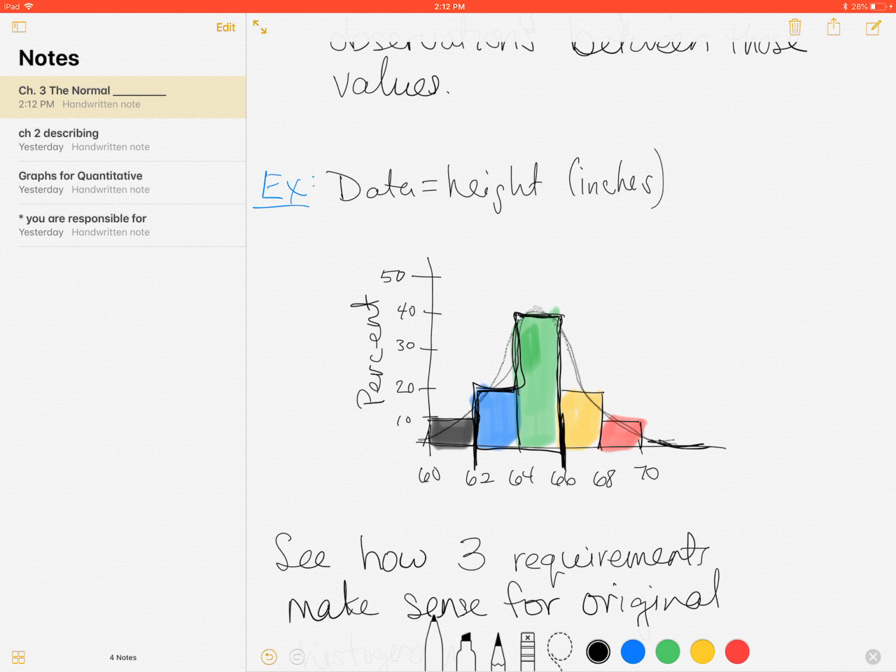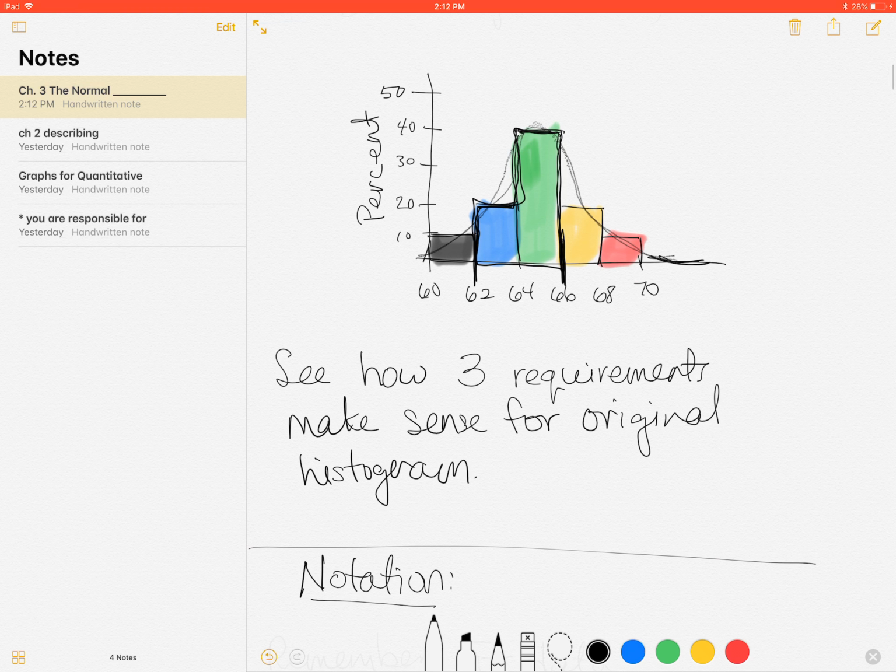So it turns out that when you change from bars to a curve, those things still want to be true. The area in between still measures what percent is in that group. The total percent still needs to be 100, and dipping below the x-axis would never make any sense.